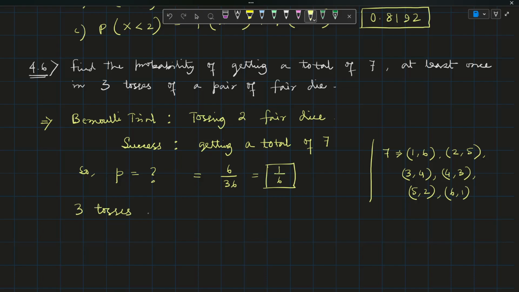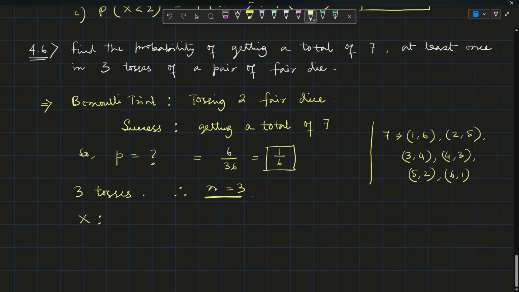So now the dice are tossed 3 times, so n equals 3, and x is the random variable, the number of times the sum is 7. So we have to find probability x is at least once.